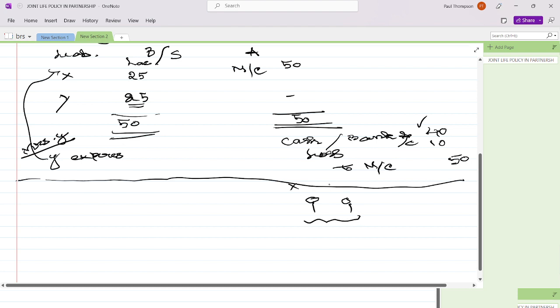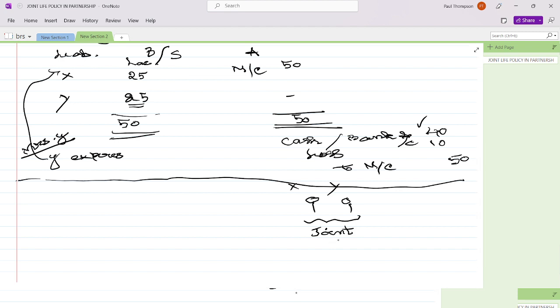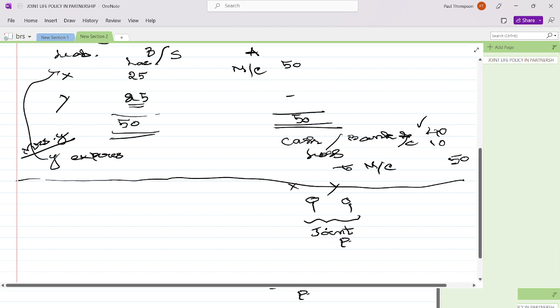Suppose these partners X and Y are there and a policy is taken in one name. That is joint life policy. So the premium is paid by the firm. Firm is the business.